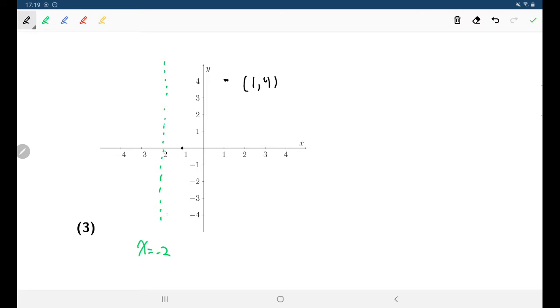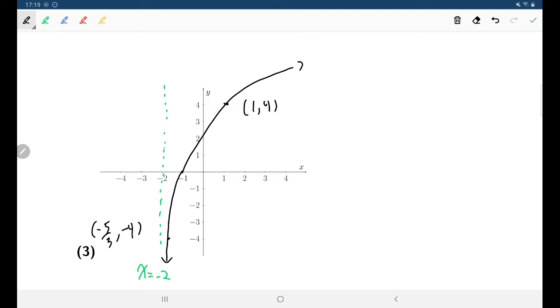And you had -5/3, -1. Multiplying the y value by 4 gets me -5/3, -4. And there we go. And that's my graph of 4 log base 3 of x plus 2.